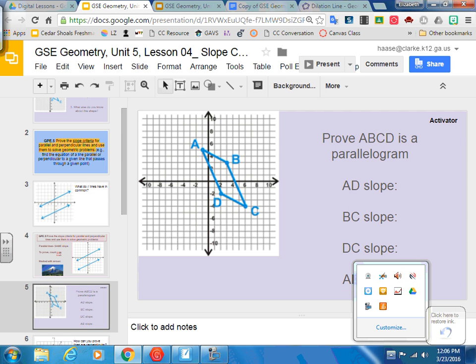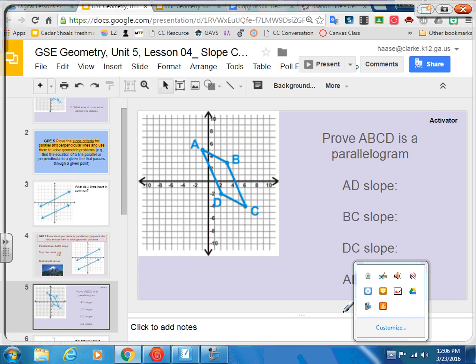So what is the slope of AB? Next slope. Let's check her out. She says go down 2, so it's -2, and over, and we went over 4, so -2 over 4. Is that the same for DC? Let's check it out. Go down 1, 2, right? Over 1, 2, 3, 4. So DC is -2 over 4 as a slope.